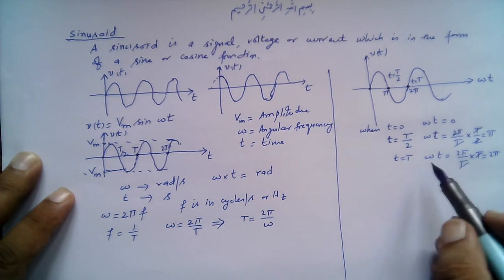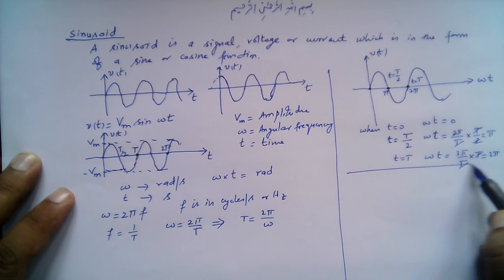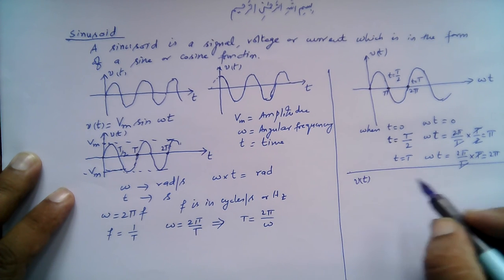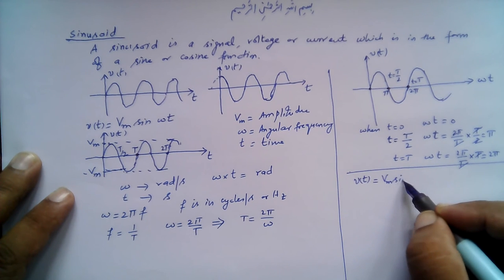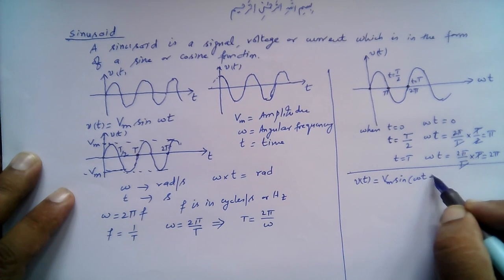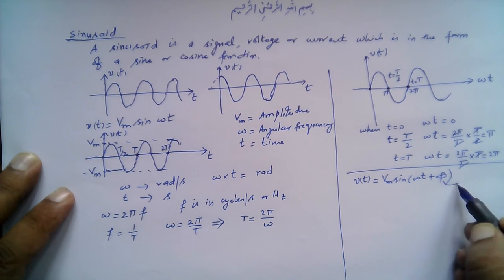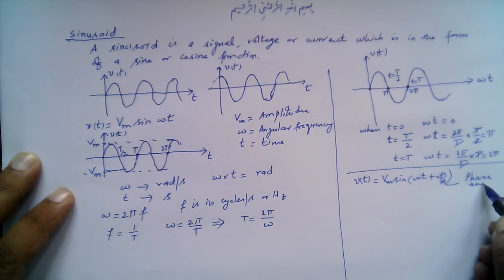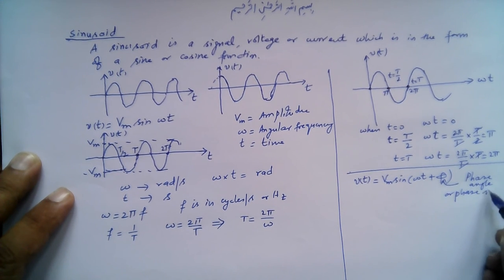Now let's consider a more general form of this periodic signal. So let's assume v of t is equal to Vm sine omega t plus phi. This phi here is called the phase angle or phase shift, right?